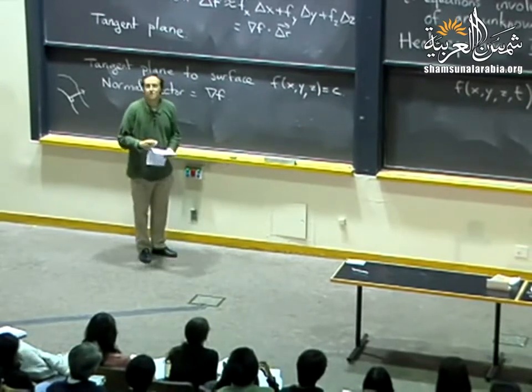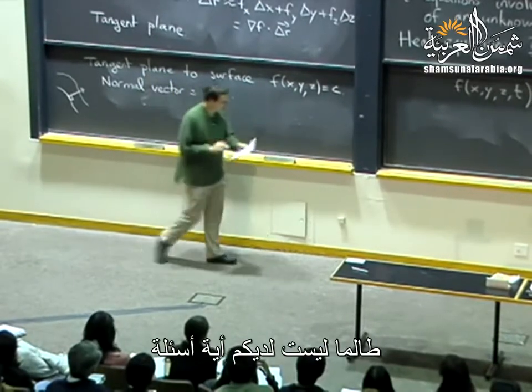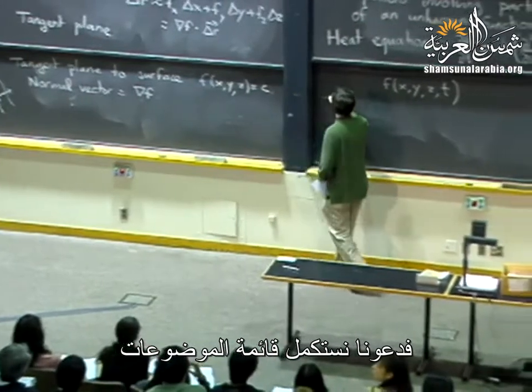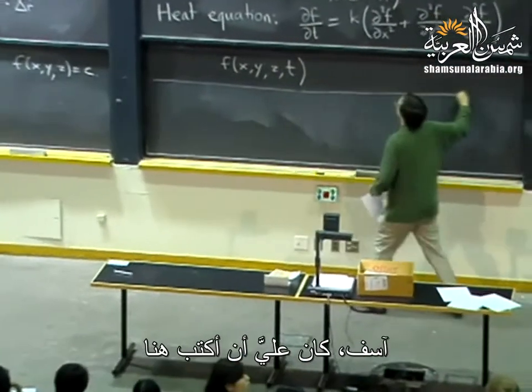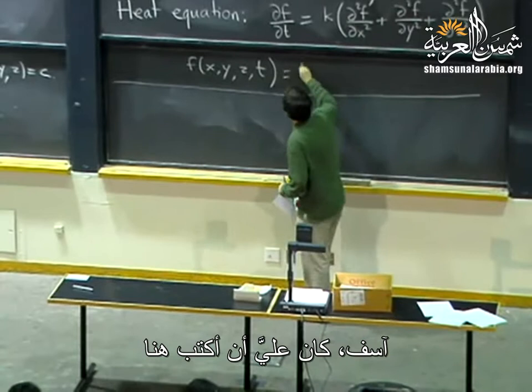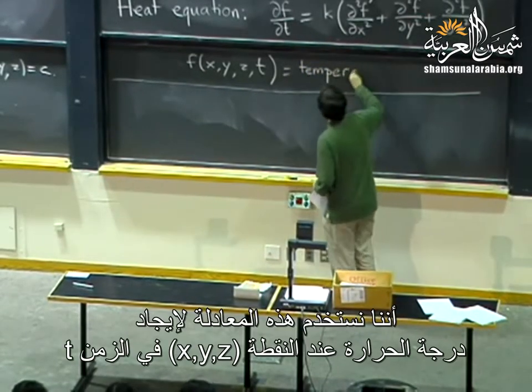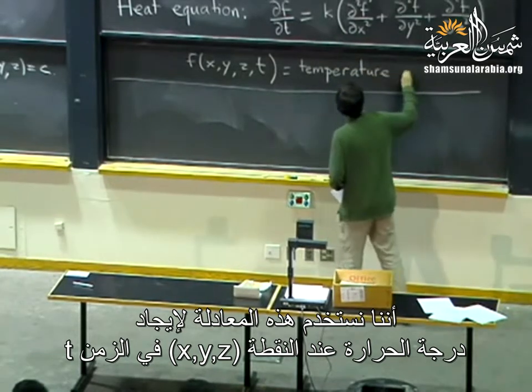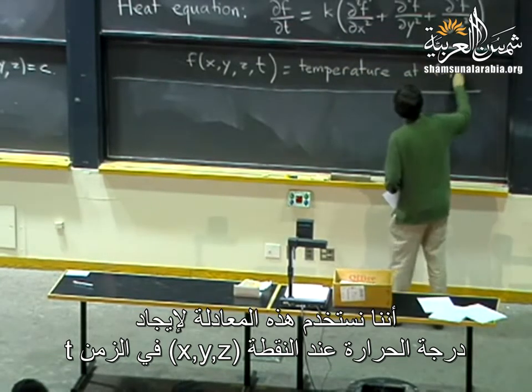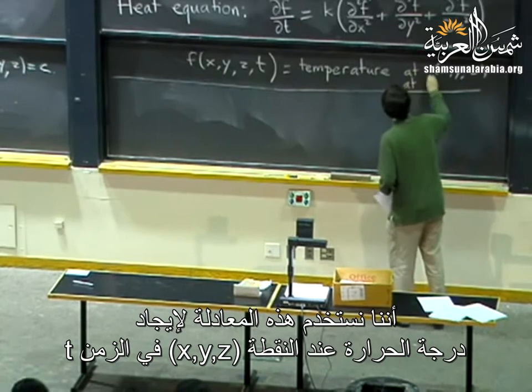Okay, if there's no further questions, let me continue and go back to my list of topics. Oh, sorry, I should have written down. Okay. But this equation is solved by temperature at the point x, y, z at time t.